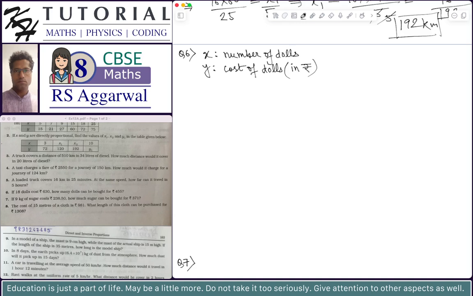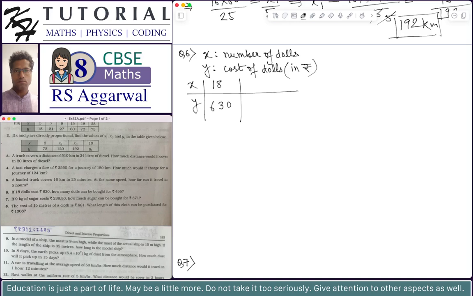So quantity x represents the number of dolls, and quantity y represents the cost of the dolls in rupees. Now we can create the table with x and y. It is given that 18 dolls cost rupees 630. So we have the first corresponding values, x as 18 and y as 630.